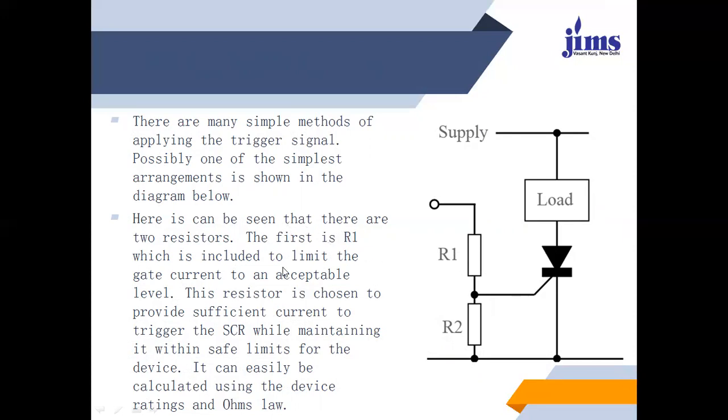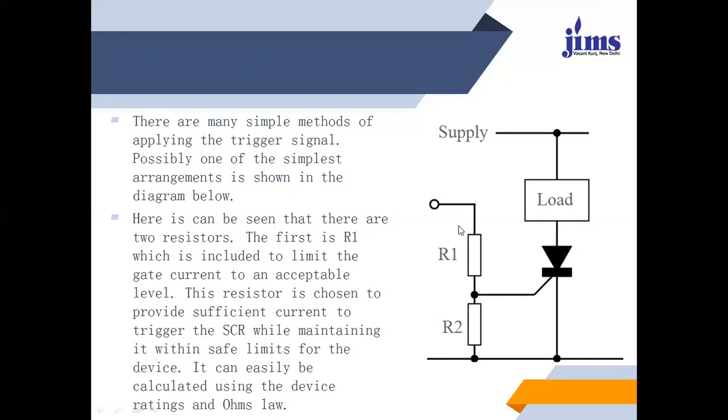The first resistor is R1, which is included to limit the gate current to an acceptable level. This resistor is chosen to provide sufficient current to trigger the SCR while maintaining it within safe limits for the device. It can easily be calculated using the device ratings and Ohm's law.